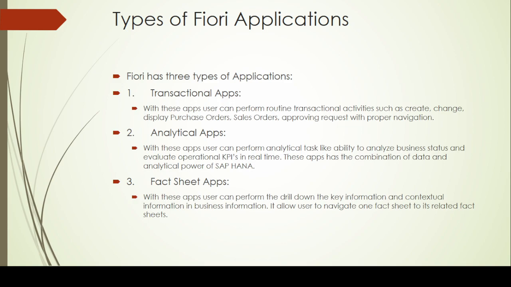The third type of Fiori application is the fact sheet app. With this app, users can drill down into key information, contextual information, and business information. It allows the user to navigate from one fact sheet to its related fact sheet. For example, if management finds something bad or malfunctioning in any particular KPI, they can investigate these figures.